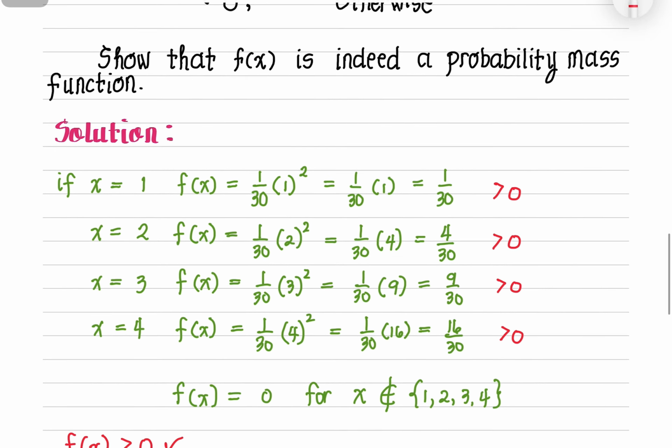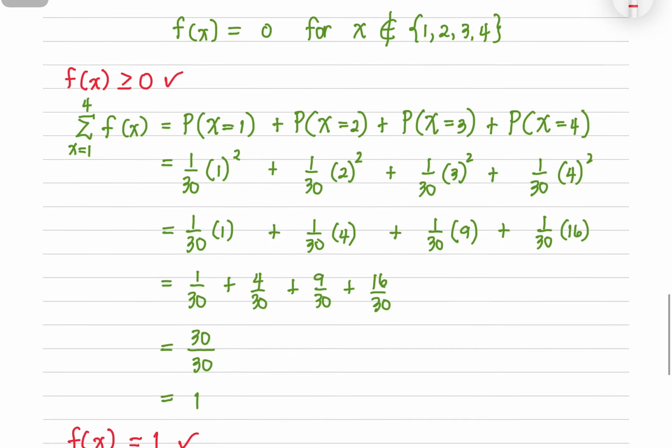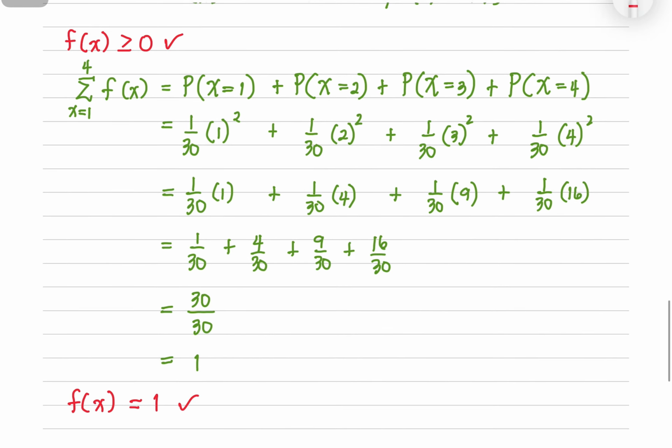So guys, ito yan yung pinaka-prove sa atin. So that f of x is indeed a probability mass function. So since na-satisfy niya yung two properties natin, so ibig sabihin, ito ay PMF or probability mass function.